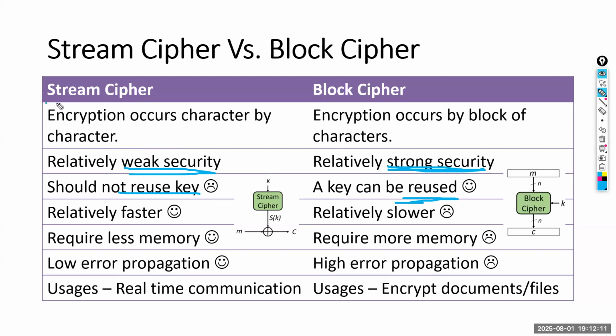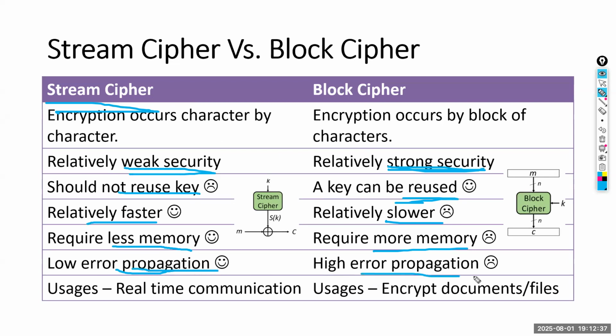But a positive point about stream cipher is it's faster, because when we get character by character, we do the encryption. And therefore it needs less memory. Whereas block cipher is relatively slow and requires more memory because we process block by block. Error propagation is also low here because we process character by character.